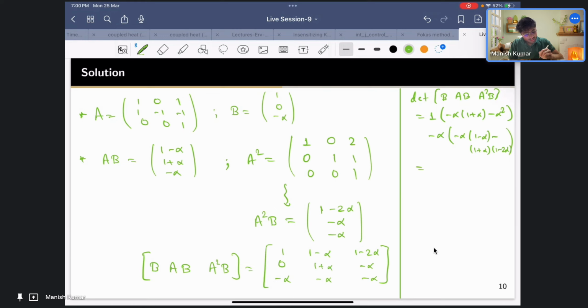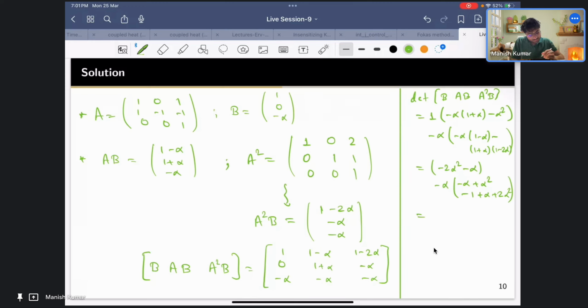Which is minus 2 alpha square, then minus alpha, minus alpha plus alpha square, then minus 1 plus alpha minus alpha, plus 2 alpha square. I don't know if I'm doing this correctly or not.